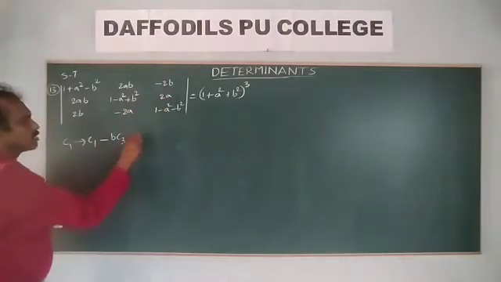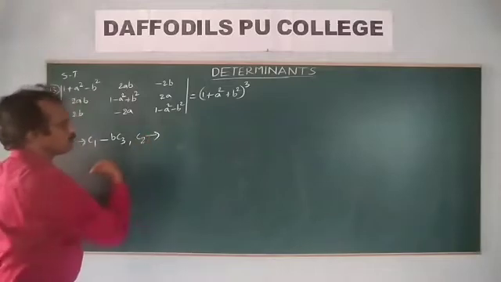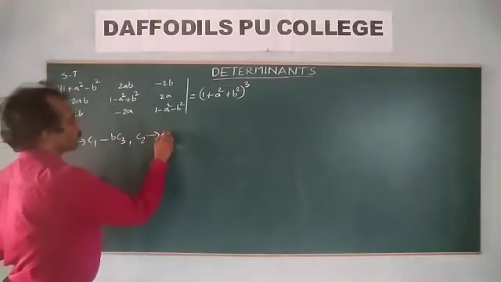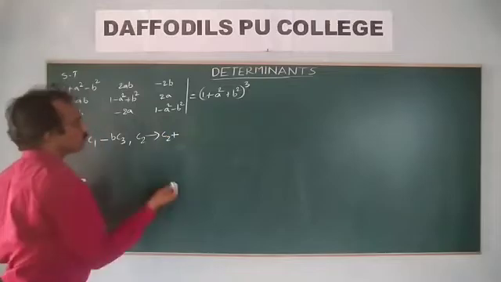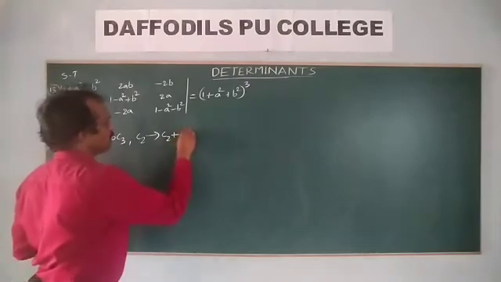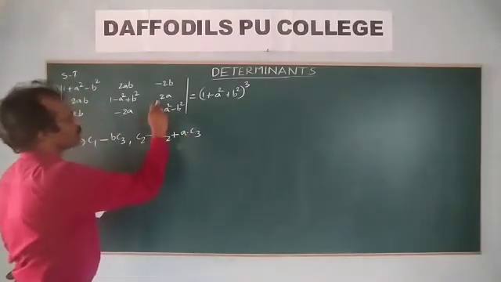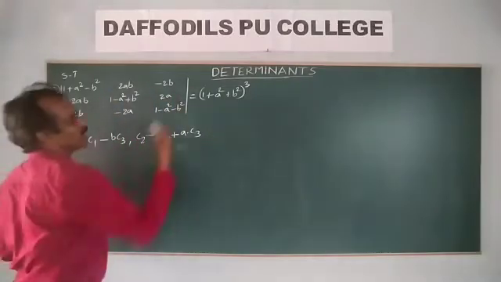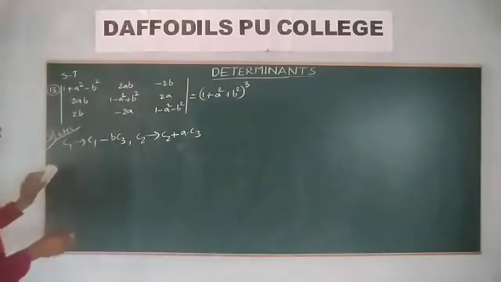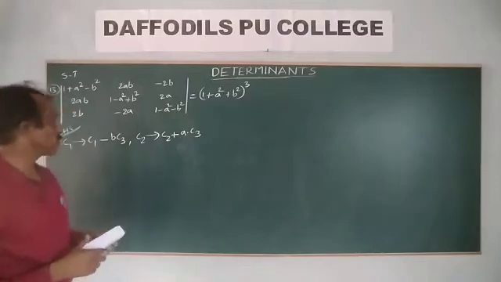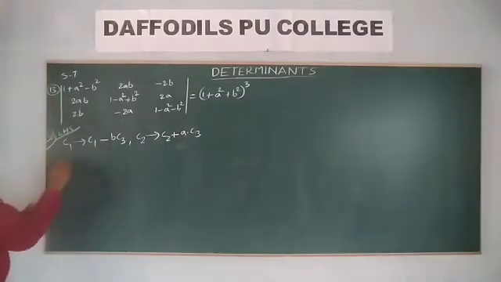That implies C2 gives C2 plus a of C3, subtraction is possible. A into C3 means a into 2a square: 2a square minus a square plus a square. So you get the answer. Like that, your analysis depends on the RHS and you apply the operations.